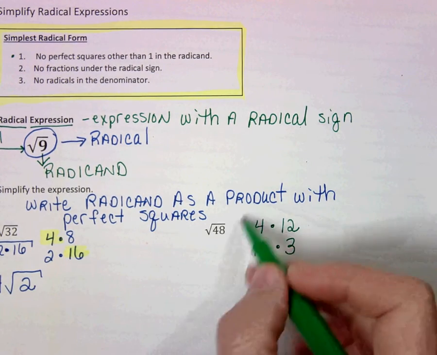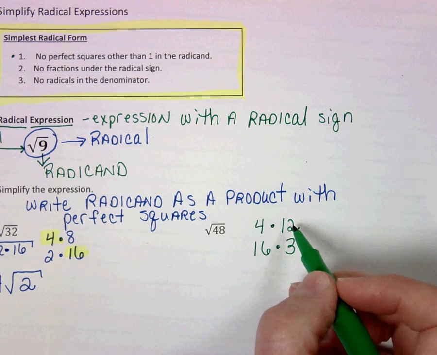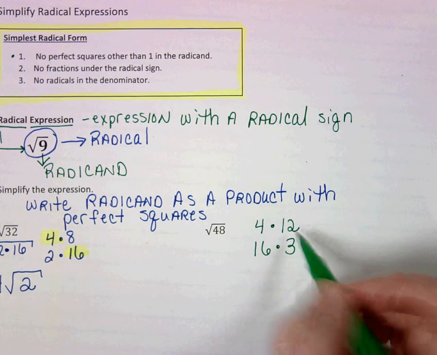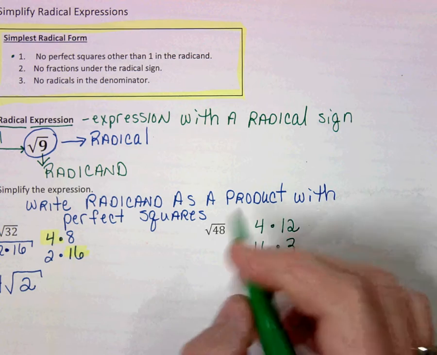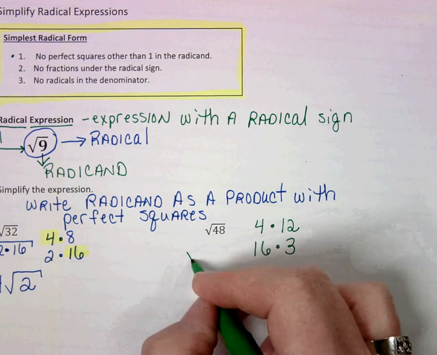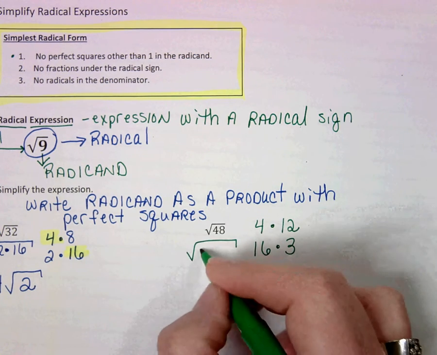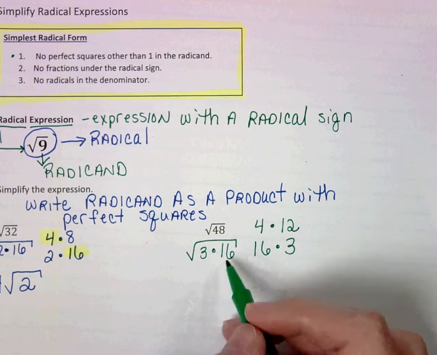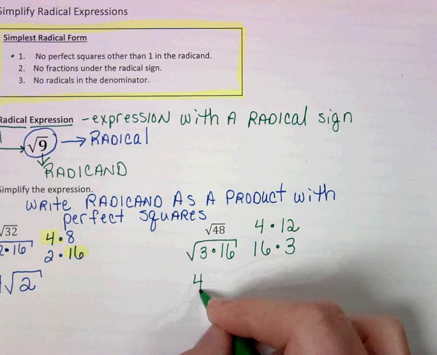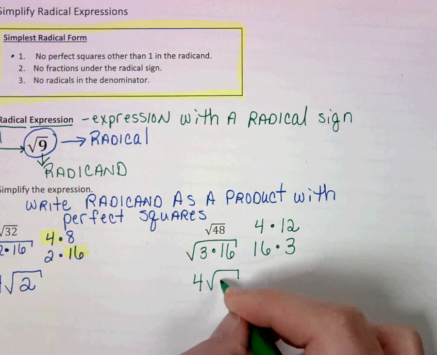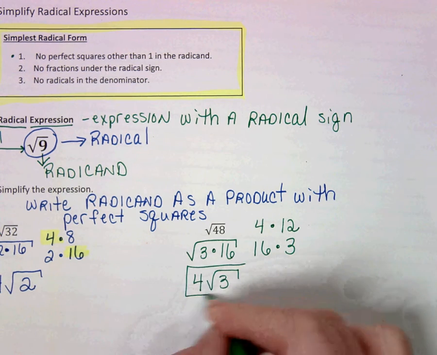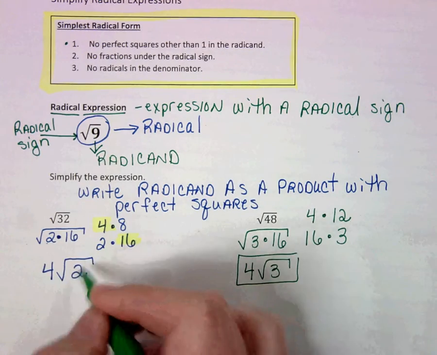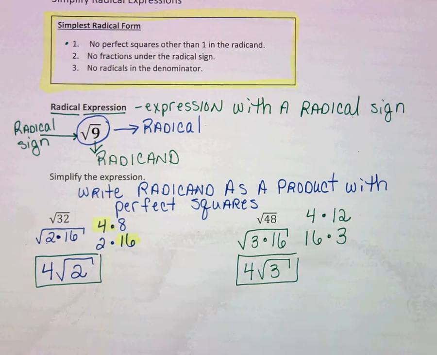We could pick 4, but then we would have to realize that 12 has some perfect squares as part of its product, so we wouldn't be done. So the square root of 48, a way to factor it would be 3 times 16. And so we know the square root of 16 is 4. So the square root of 48 is 4 the square root of 3. And so this would be an example of being written in simplest radical form.